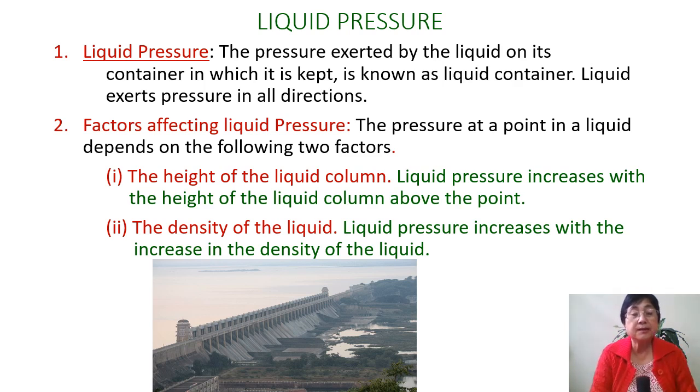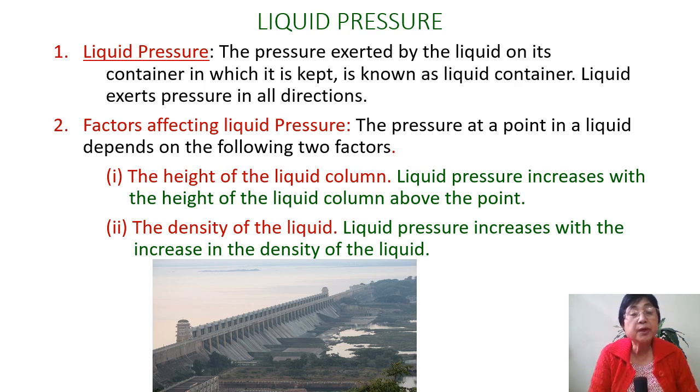The reason is this. If you make a dam, then the water will be accumulating in this area. The higher the height of the liquid, the more the pressure will be.